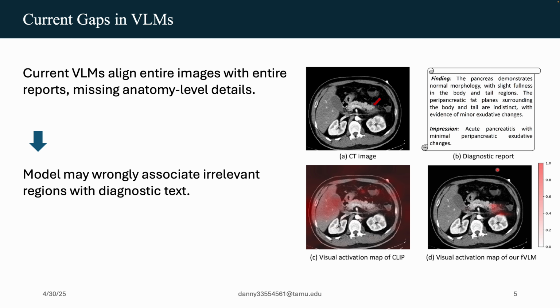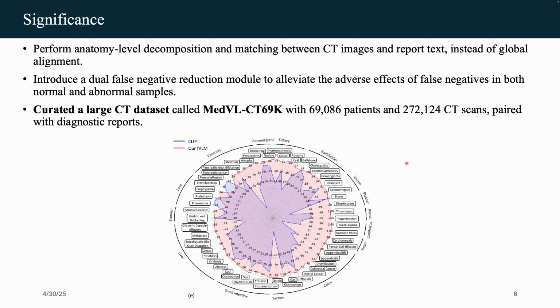So the main contribution of this paper is that they perform anatomy level decomposition and matching between CT images and report text instead of using global alignment. Also, they introduce some methods to reduce the false negative rates.